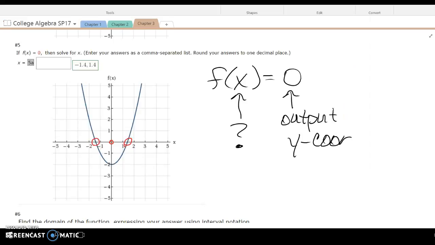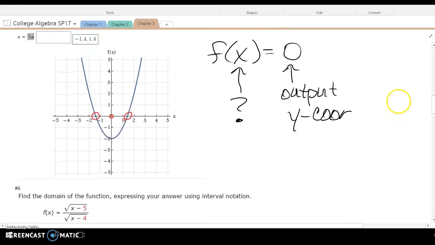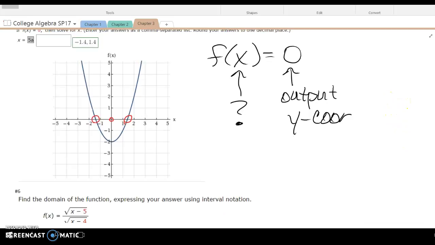Or the other thing that we could do is, since we generated that function or that equation, I could solve. So we said that it was similar to, ooh, I don't want that in red. Let's do that in black. y equals x squared minus 2.